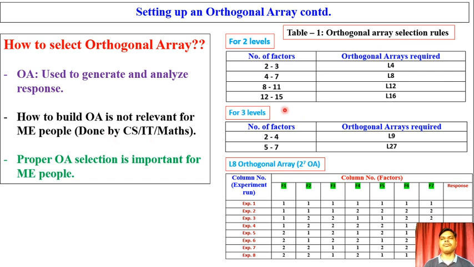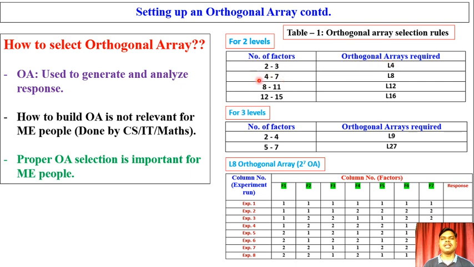Okay. So we'll revise here that orthogonal array selection depends upon the number of factors. For two levels, for example, there are two levels like low level and high level, and if the number of control factors that affect the overall response varies between 2 to 3, then we choose L4 orthogonal array.